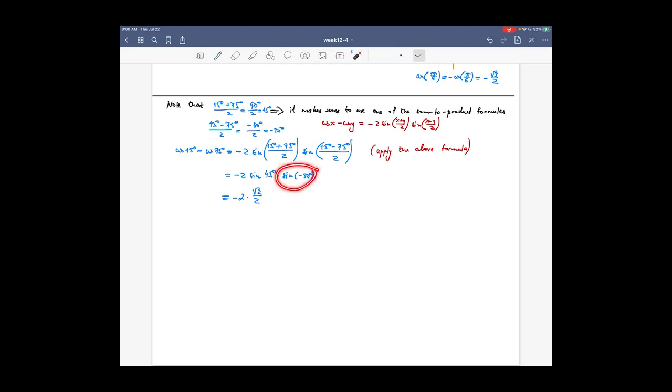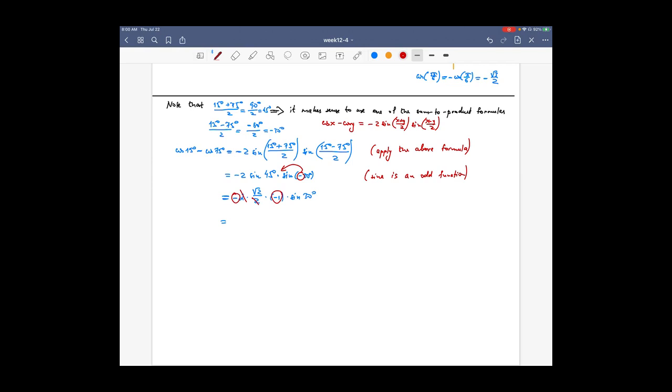Here, we can use the fact that sine is an odd function, and so the minus goes outside to give us negative sine of 30 degrees. 2 and 2 cancel out.